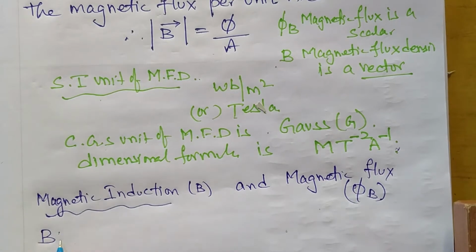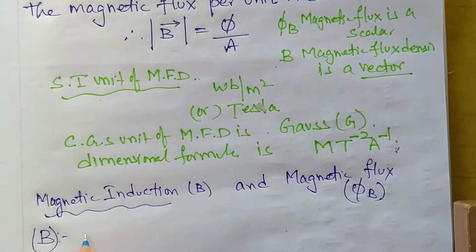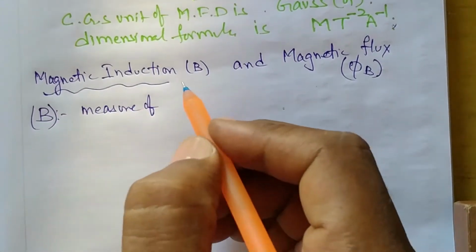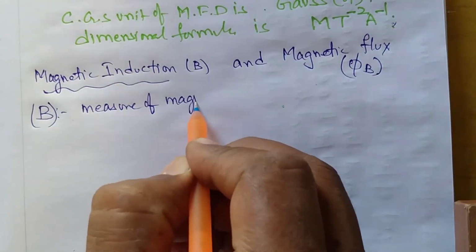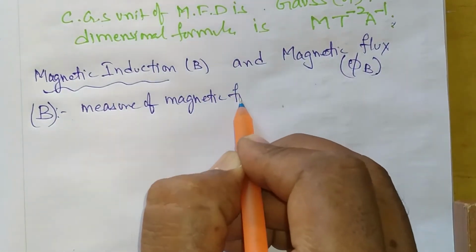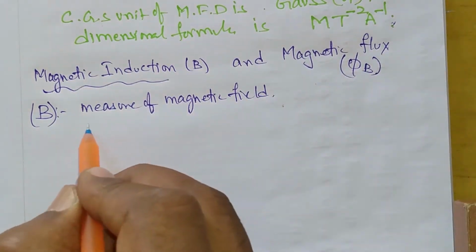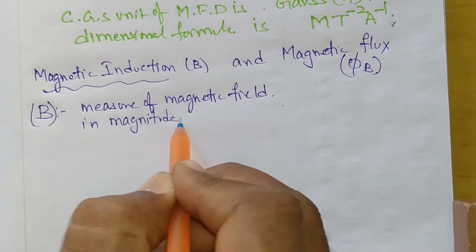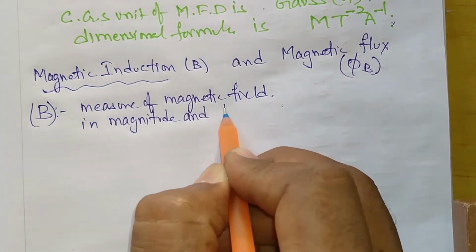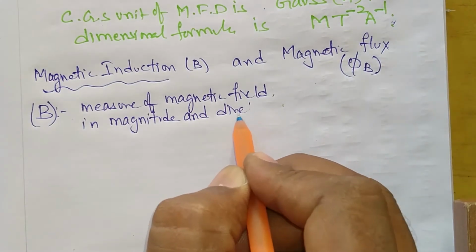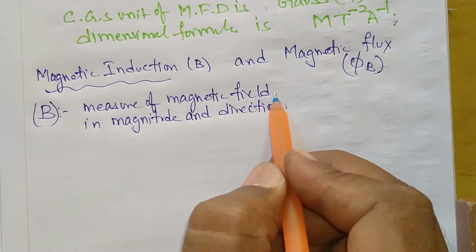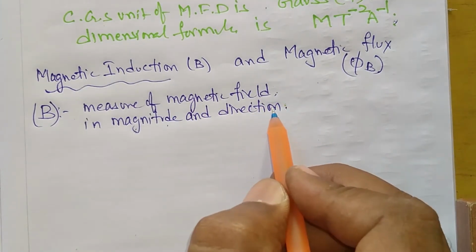Magnetic induction, which I have denoted by the letter B, is a measure of magnetic field in magnitude and direction.